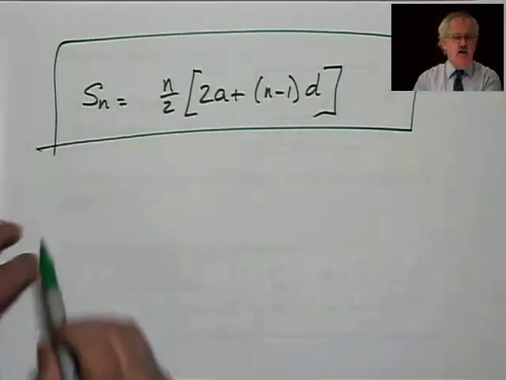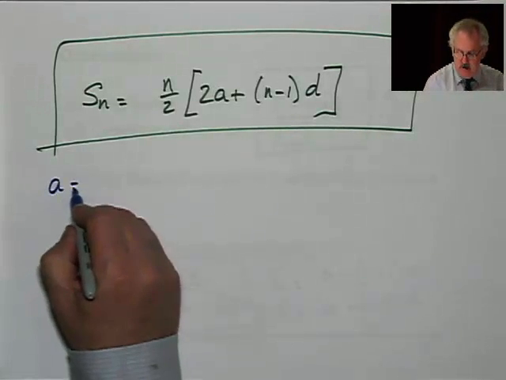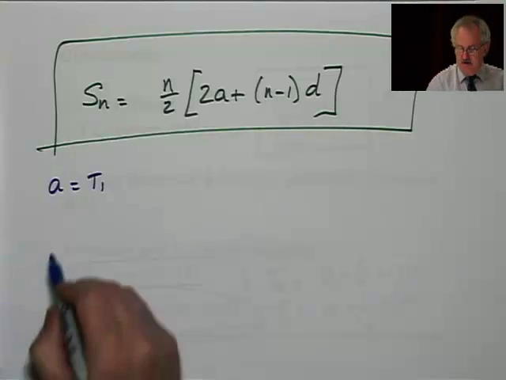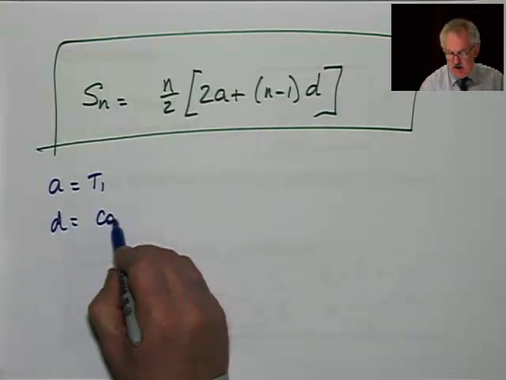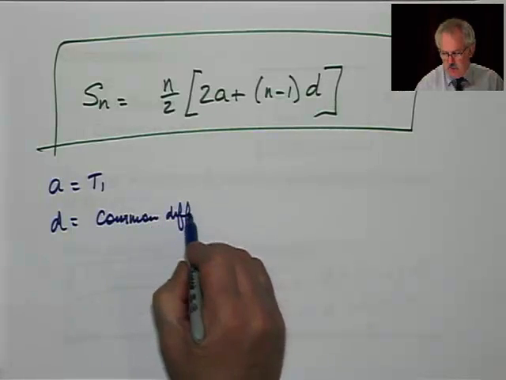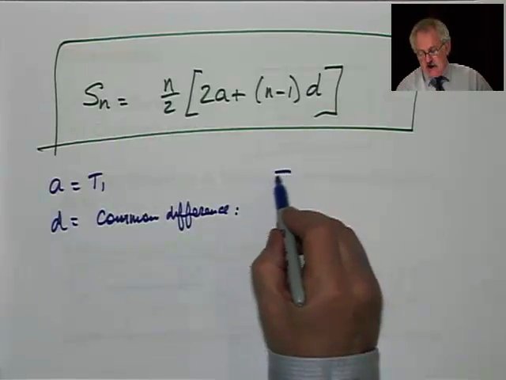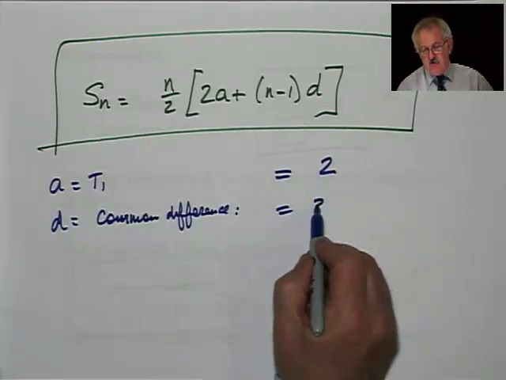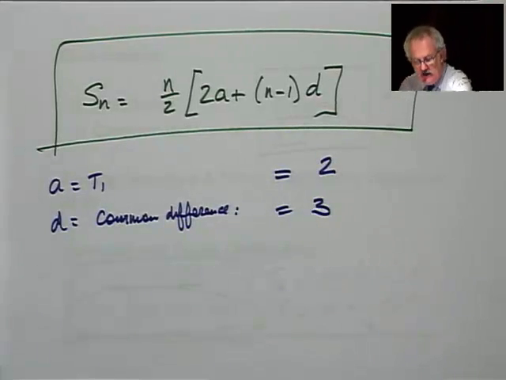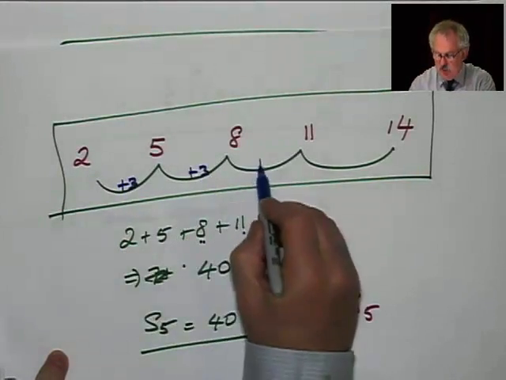Now, that looks like a lot of letters. But remember that a is T1, and that d is the common difference. So effectively, a in this case was 2 and d was 3, because our sequence was 2 plus 3 plus 3 plus 3.